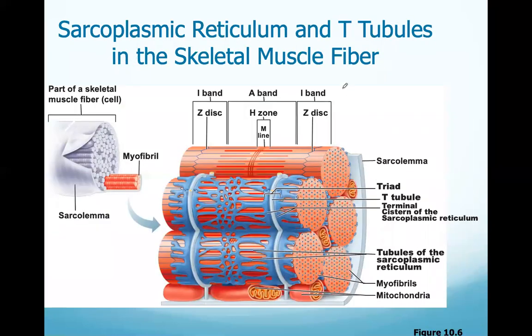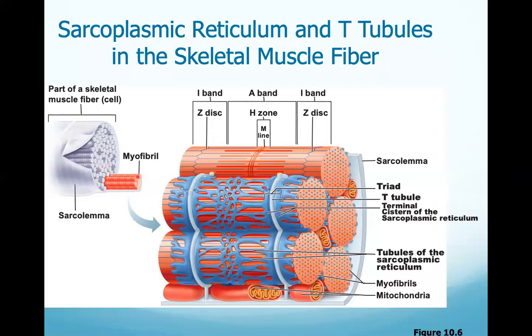So let's take a look at this. Again, try to identify the structures as we go. Try to practice to see if you recall the information as we discussed earlier. Right here, we have a muscle fiber. The layer that's being peeled off here is your sarcolemma, which is basically the plasma membrane of your muscle fiber.